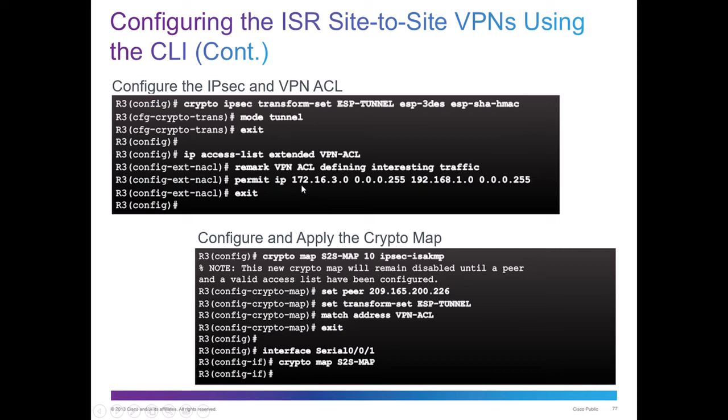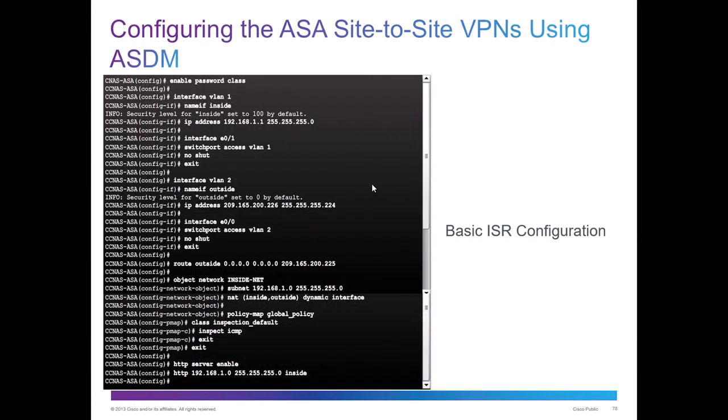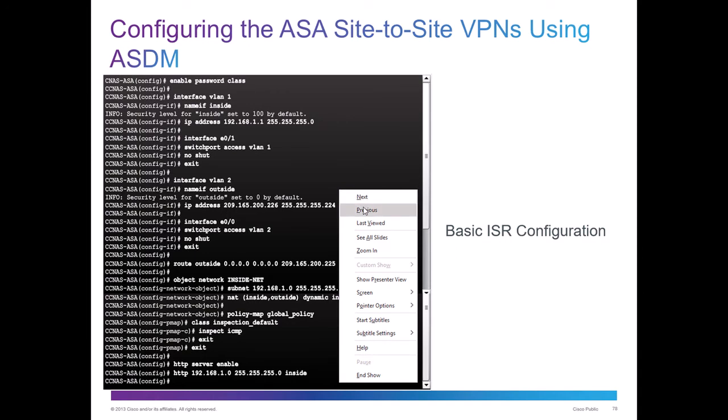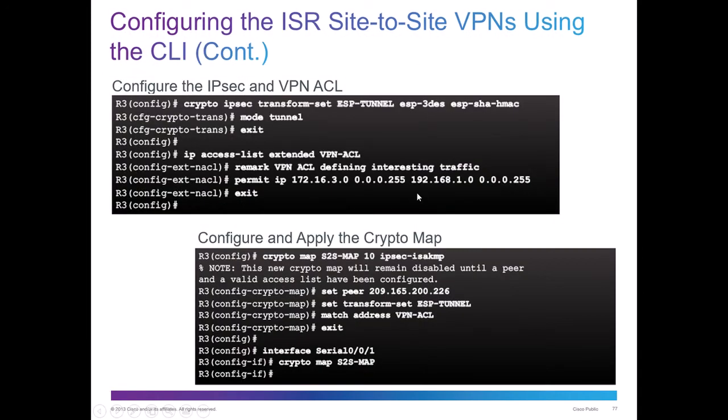This is 172.16.3.0 going to 192.168.1.0. So if any traffic coming from here going there is going to go through the VPN and is going to be encrypted using ESP triple DES with ESP SHA HMAC.